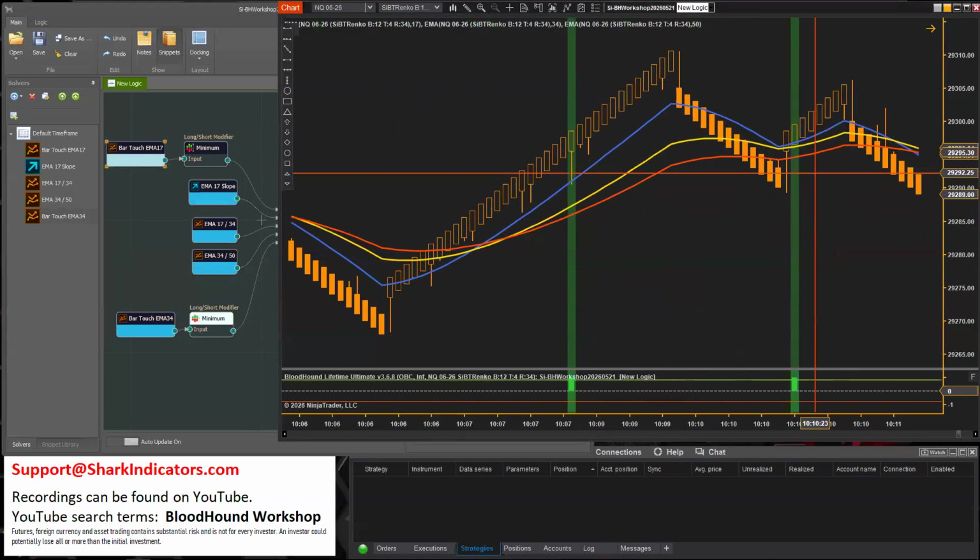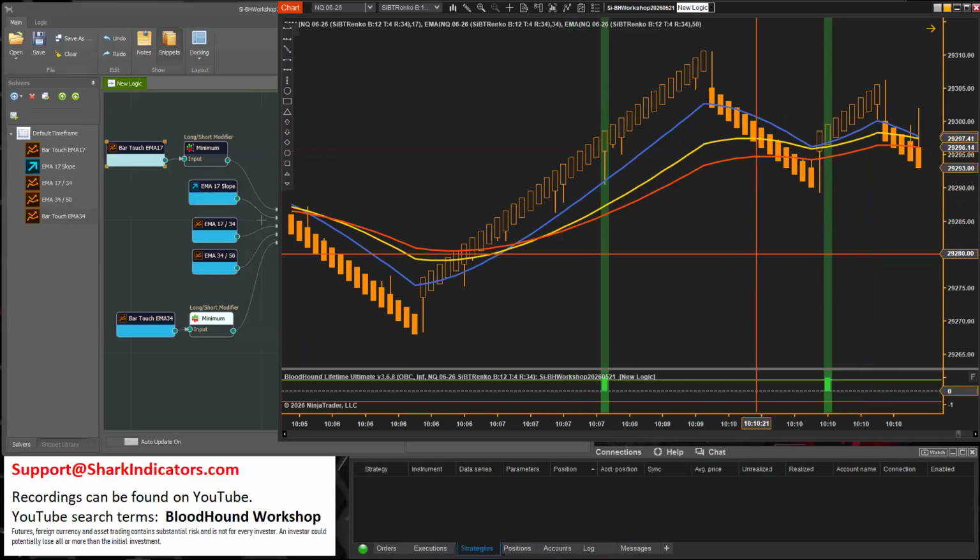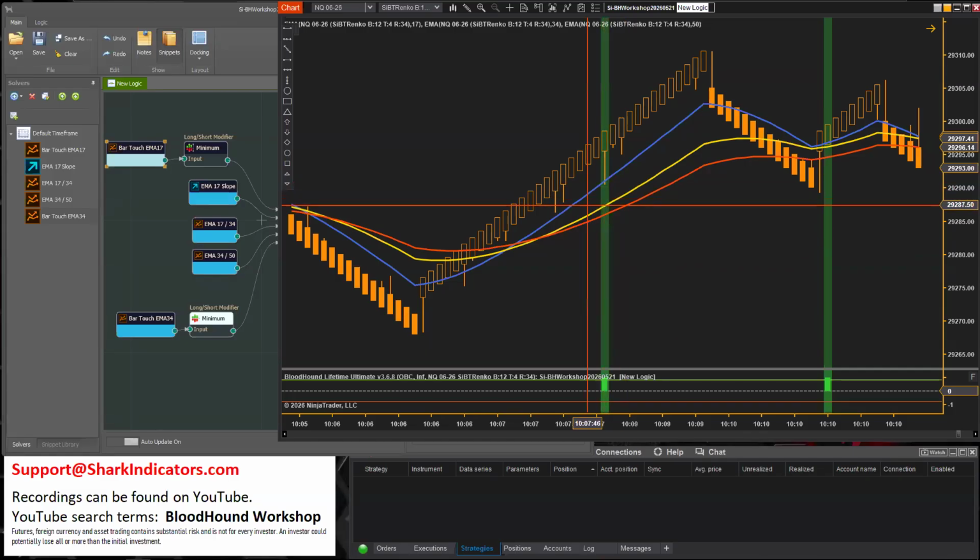If you wanted to disqualify these bars here for some reason, you could also require a minimum separation between the EMAs. We can see that separation there is really tight, whereas that one's nice and spaced out.